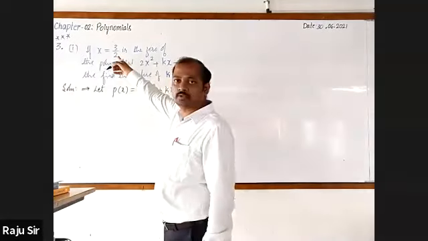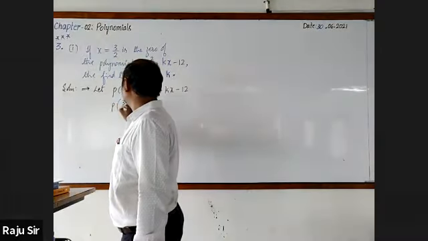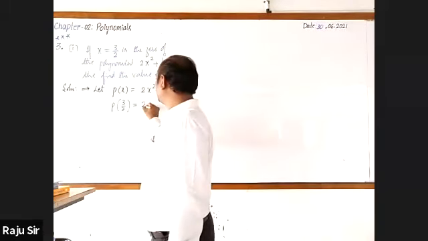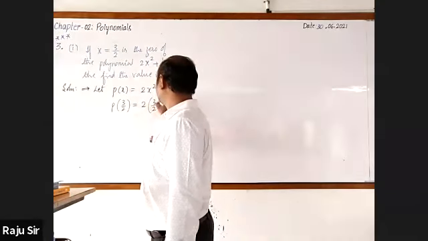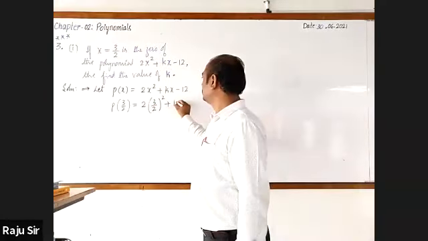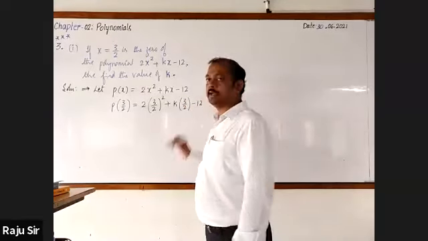Then let me substitute 3 by 2 in place of x. P of 3 by 2 is equal to 2 into 3 by 2 whole square plus k into 3 by 2 minus 12.